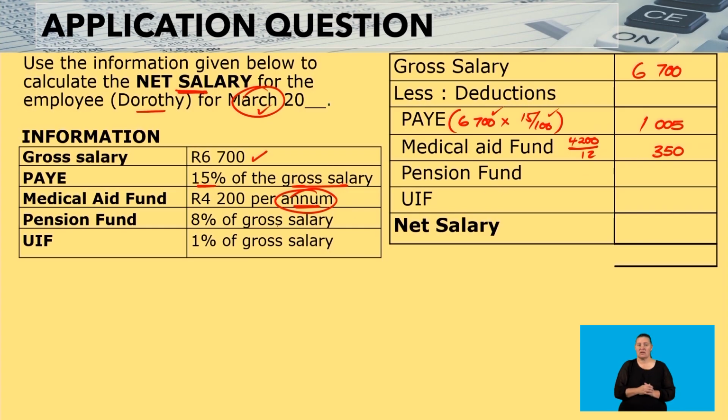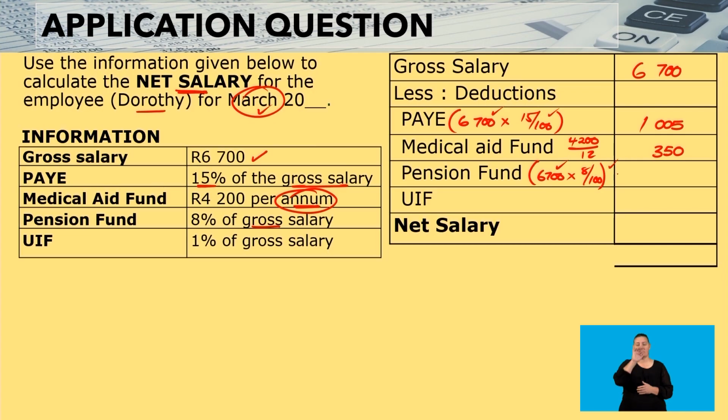Let's go to pension fund. It says 8% of gross salary. My gross is 6,700 and I want 8%. Punch that, 6,700 multiplied by 8%.